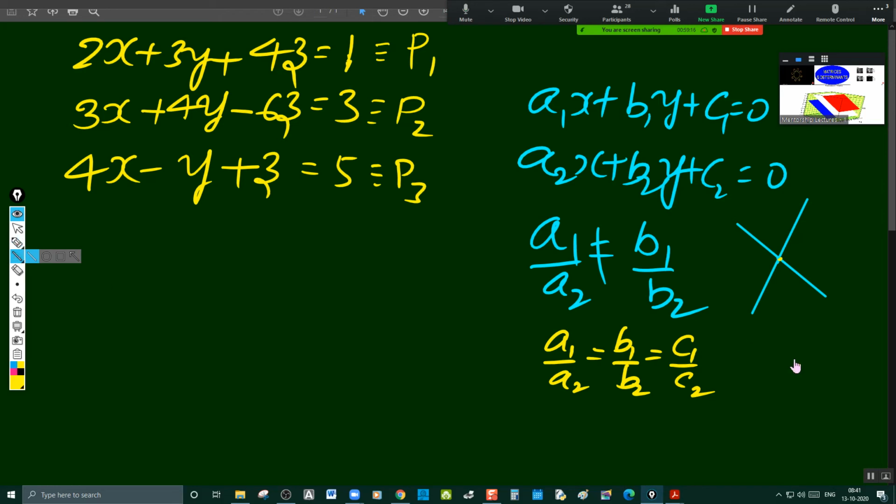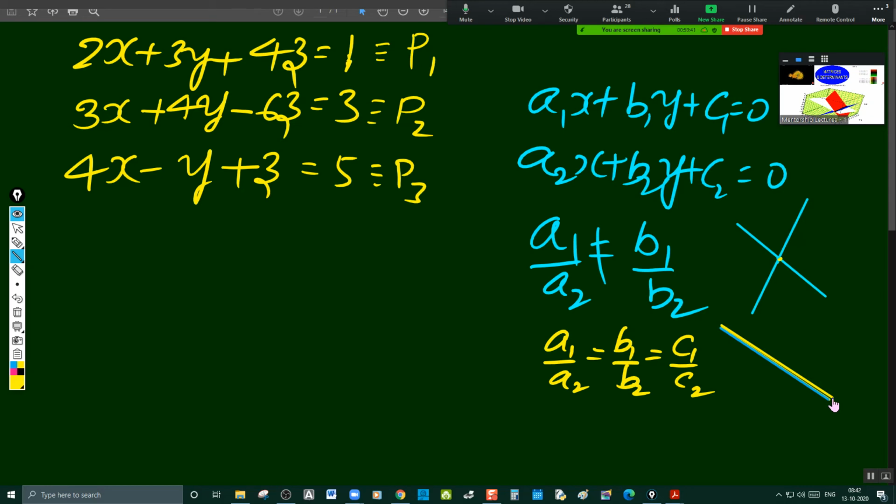I'll change the color so that you will understand these 2 lines coincide with each other. See, yellow there, blue there. In this case, lines coincide with each other means what? You will have infinitely many solutions.